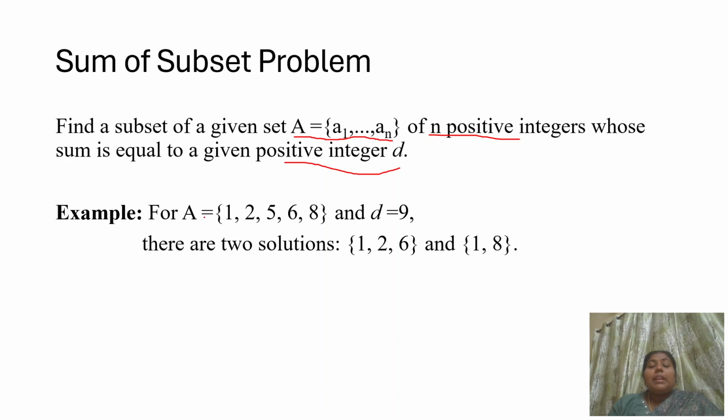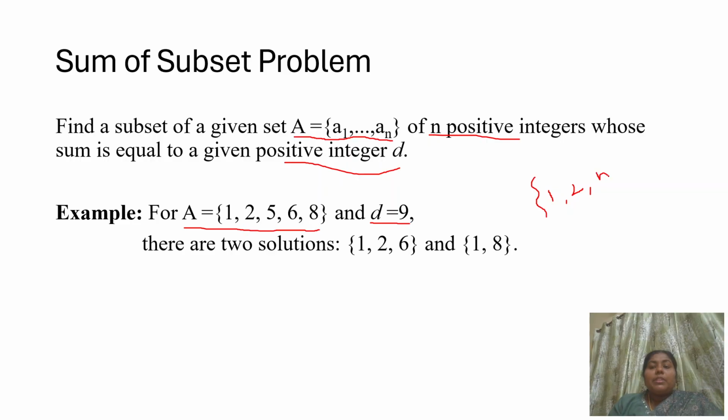One such example: I take the array set 1, 2, 5, 6 and 8. The target I am giving here is D equal to 9. Now I create a subset. One subset I generate is 1, 2, 5.